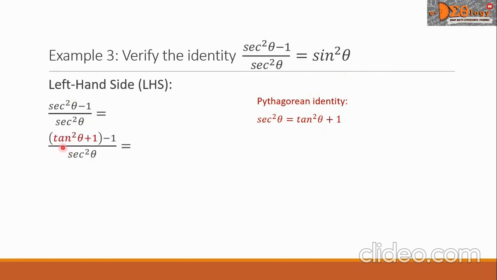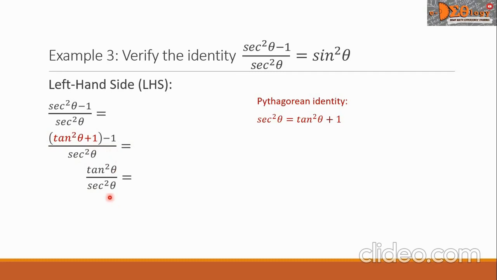So I have here now tangent square theta plus 1 minus 1 all over the secant square theta. If I remove the grouping symbol here, the plus 1 and the minus 1 will cancel each other. So after cancellation, I will now have tangent square theta over secant square theta.